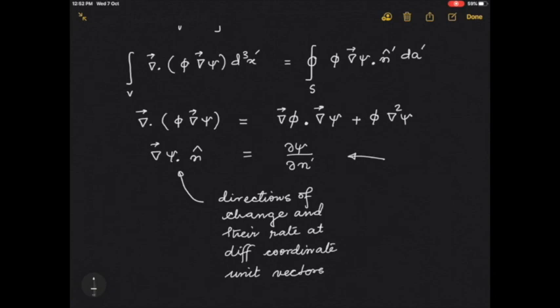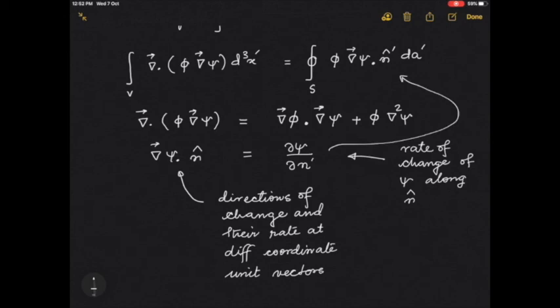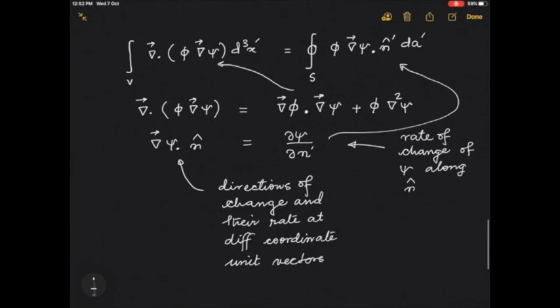I am taking the projection of that vector along the normal to the surface. So it is the rate of change of psi along n cap, right?